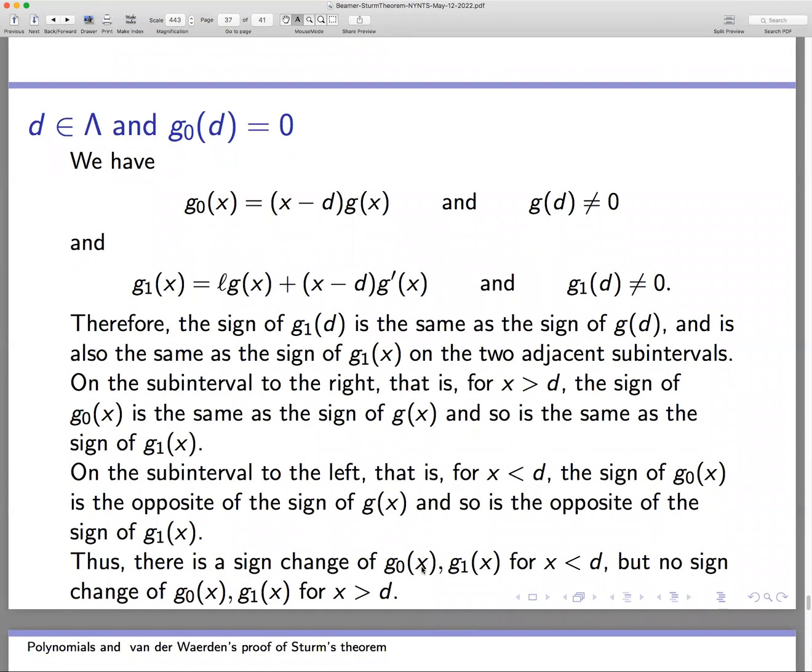So there is a sign change for G0 of x and G1 of x for x less than d, but no sign change for x greater than d. That is, as you cross the line d, this variation of sign function decreases by 1. So the difference increases by 1. The left minus the right sign change function increases by 1.